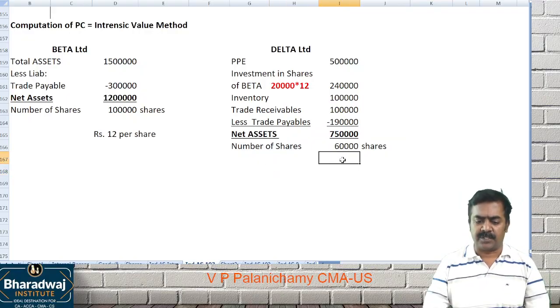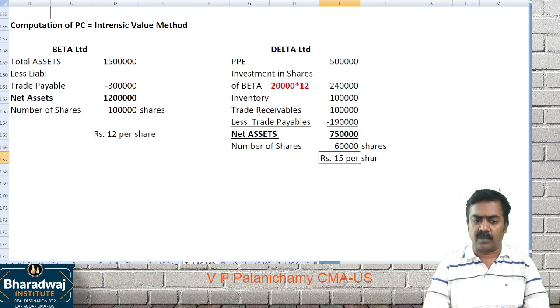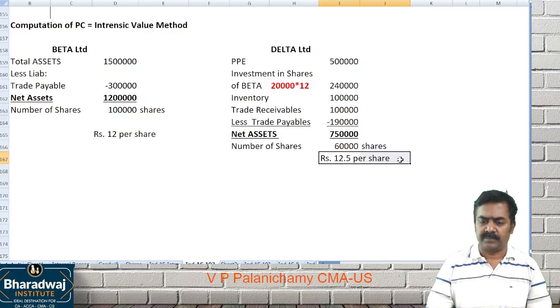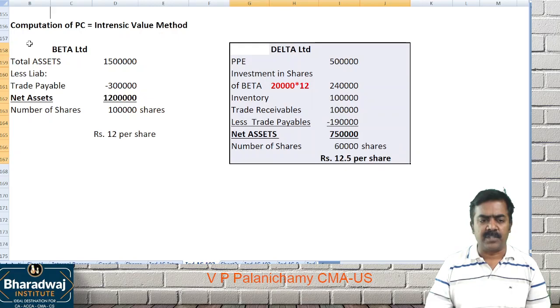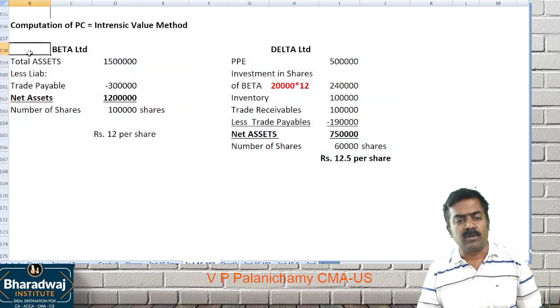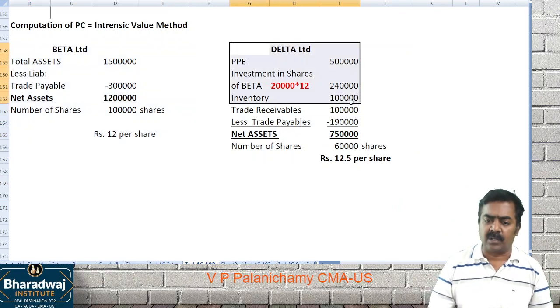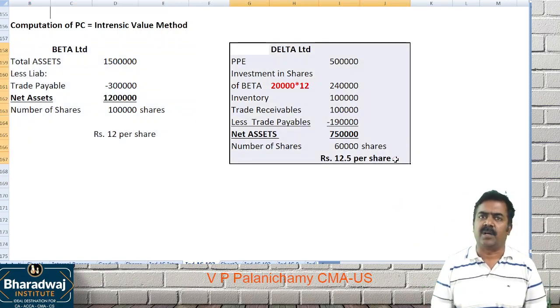So the value per share will be 12.5 per share. This is the intrinsic value of Delta Limited, the selling company. Without working out the value of the purchasing company, we cannot work out the value of the selling company, because the selling company is having shares in the purchasing company.